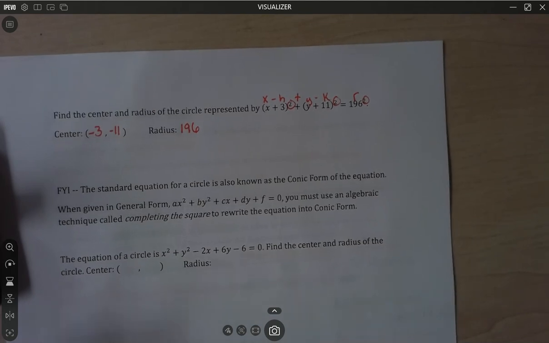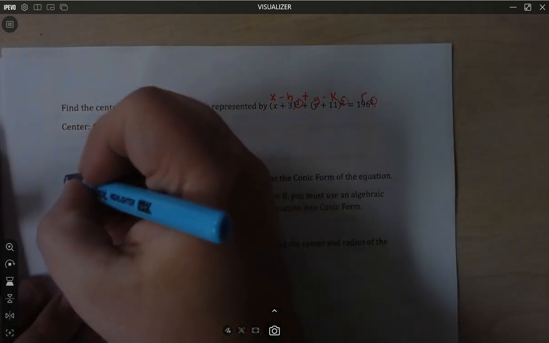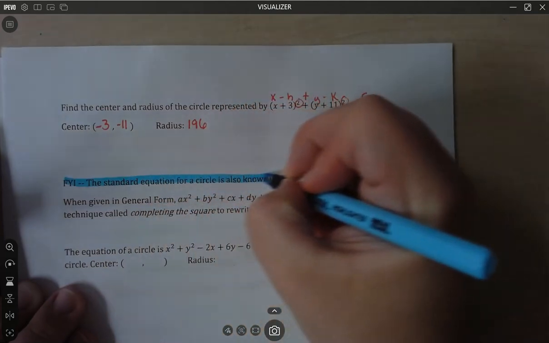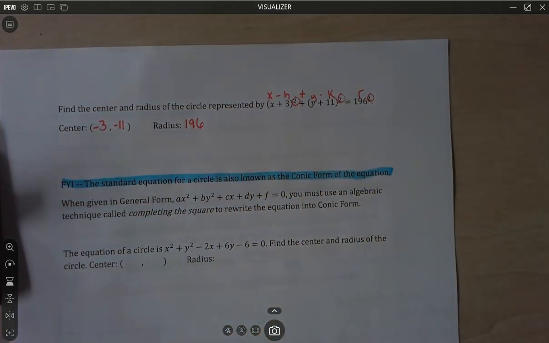So that's there if you see it maybe on Delta Math, maybe on SATs, maybe when you move on to pre-calculus or calculus, textbooks may change. Again, we call that the standard form or the conic form, but there is also something called the general form.